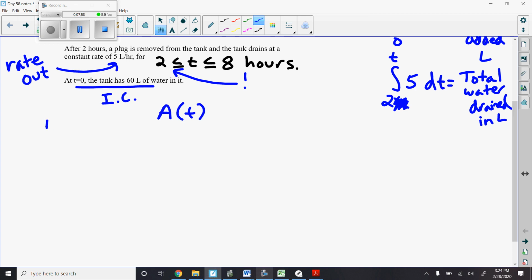Again, this is an equation for amount of water in tank at time t.